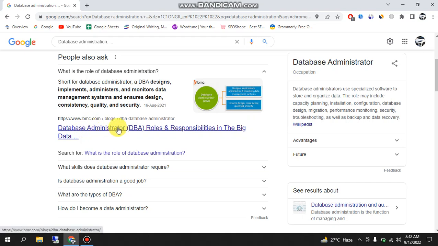Database administrator DBA roles and responsibilities in big data. Search for what is the role of database administration.